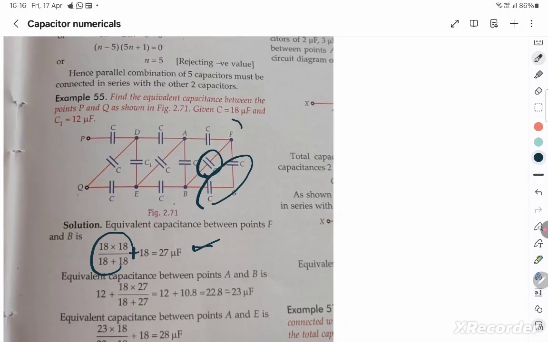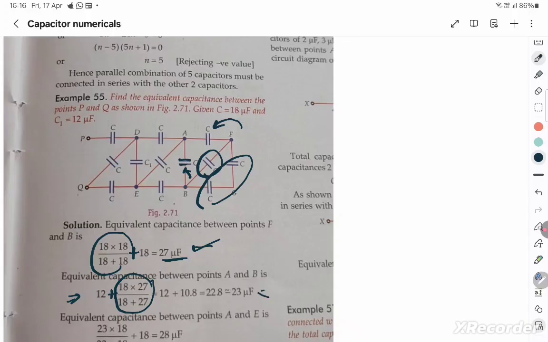So you get a 27, that's going to be in series with this C, which is 18. So that 27 into 18 by 18 plus 27, and that answer is going to be in parallel with this, and so then they're adding with a 12, and that's what goes in here. Okay, so you solve till here.